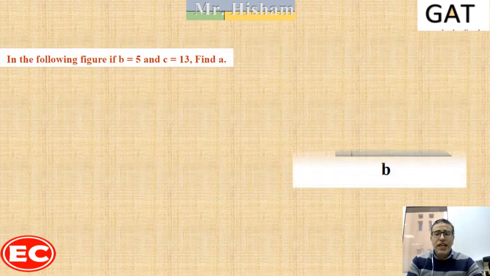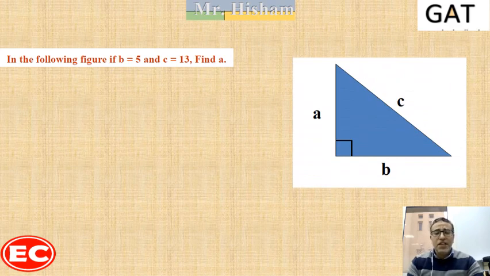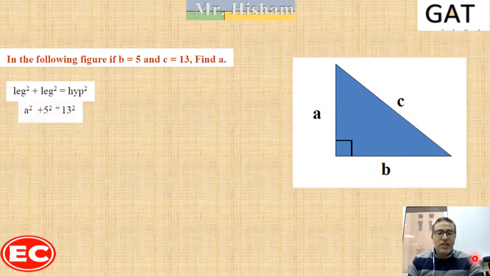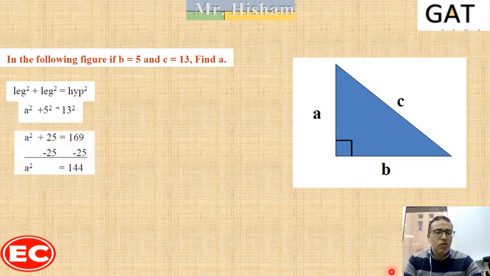Another example: in the given triangle ABC, B, one of the legs, is equal to 5 and the hypotenuse is equal to 13, and I'm looking for the length of the side A. So leg square plus leg square equals the hypotenuse square, or A square plus B square is equal to C square. So A square plus 5 square equals 13 square. 13 square is 13 by 13, which is 169.